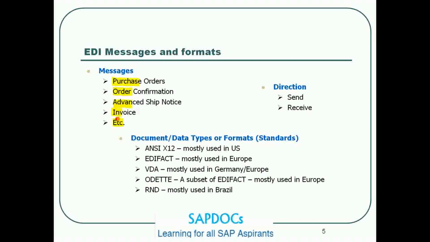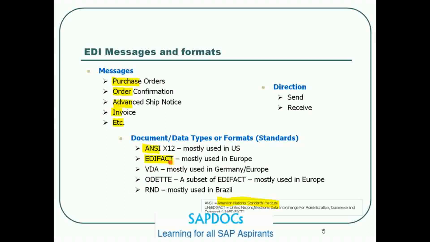These documents that are sent have a specific industry standard format. Different industries devised standards to make EDI more acceptable across different marketplaces. They are ANSI X12, where ANSI stands for American National Standards Institute.